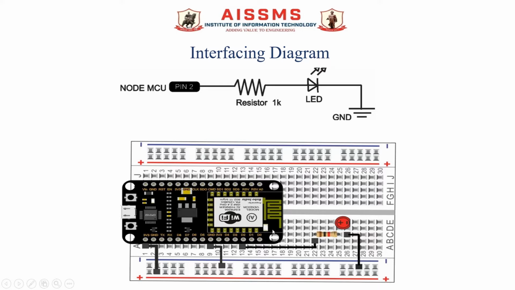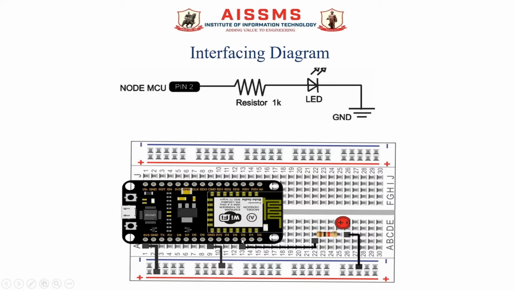Here you can observe the same connection where D2 pin is the node. Instead of D2 we can use any other GPIO pin. It is not necessary that every time we should use the D2 pin. We can use some other GPIO pins.